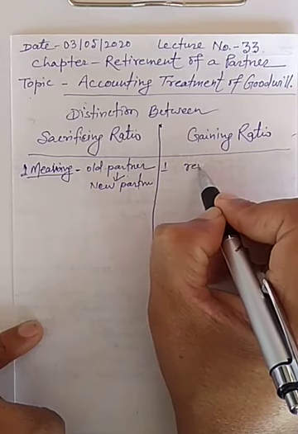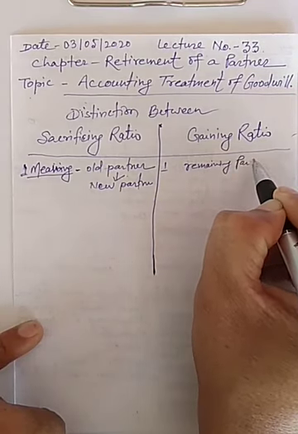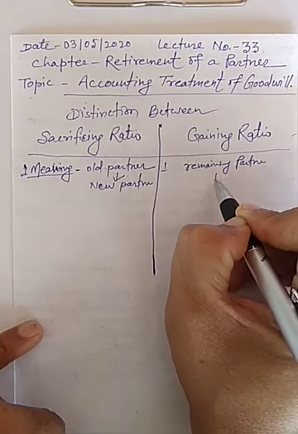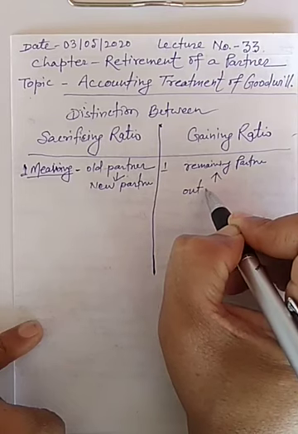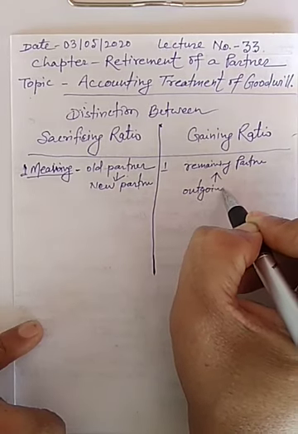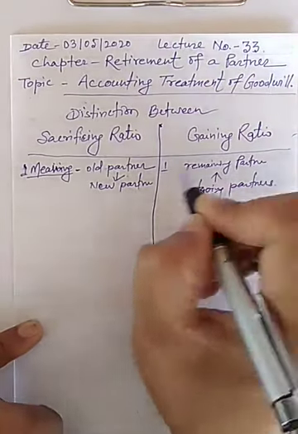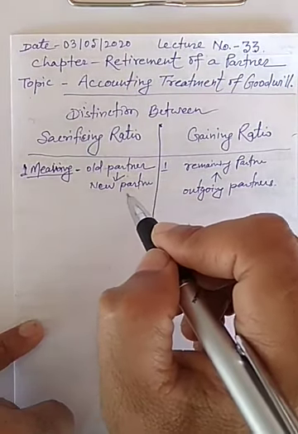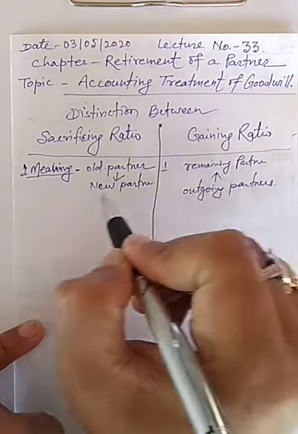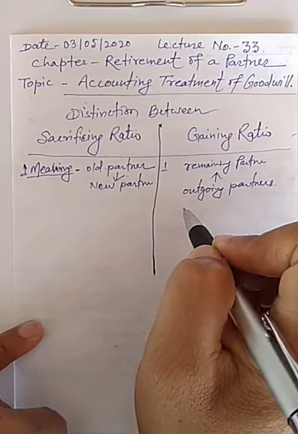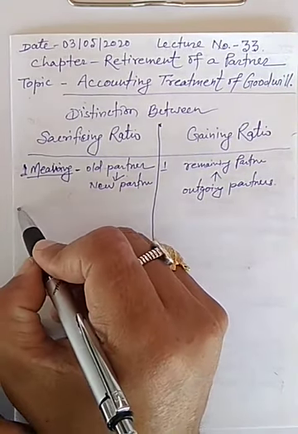Remaining partners acquire the outgoing partner's share. This is called gaining ratio. So the first difference is on the basis of meaning.